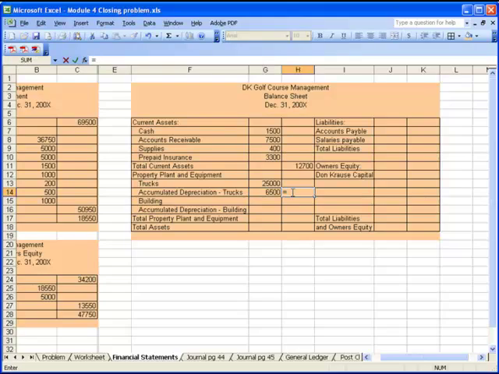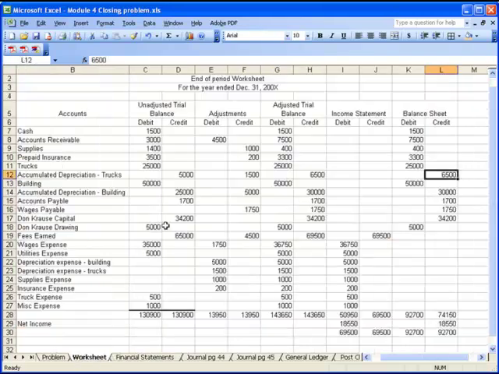So this is equal to my truck's original value minus the accumulated depreciation. Book value in my trucks, $18,500.